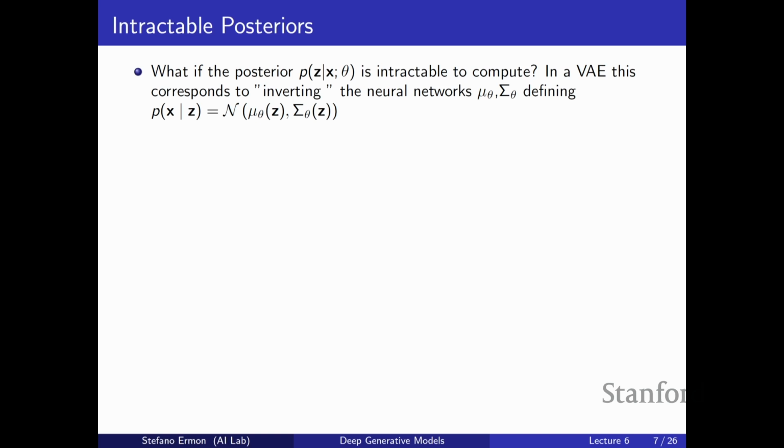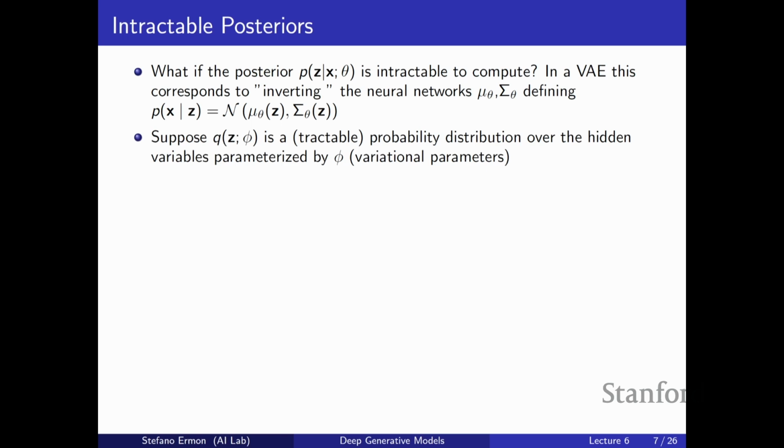Cool. And so the way we're going to train this variational autoencoder is we're going to try to approximate this intractable posterior. We know that would be the optimal way to infer the latent variables given the observed ones. So we would have to invert these two neural networks, this conditional, this decoder.